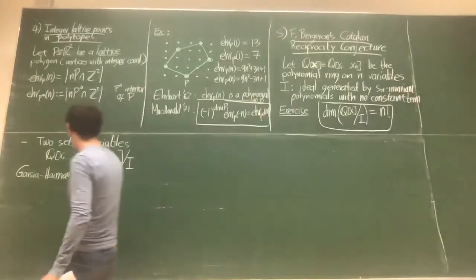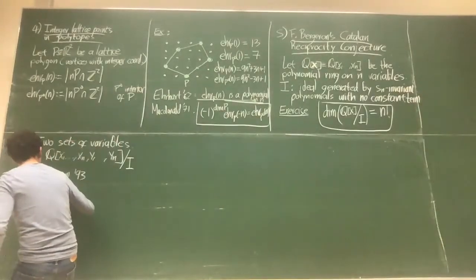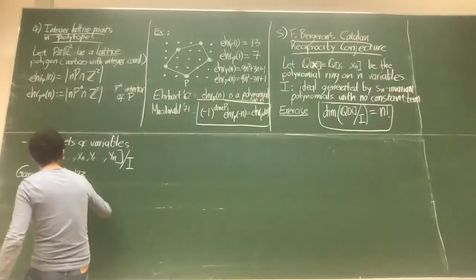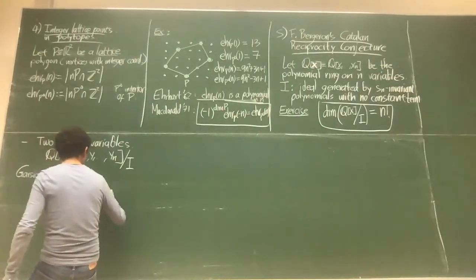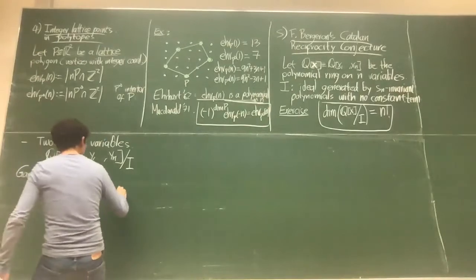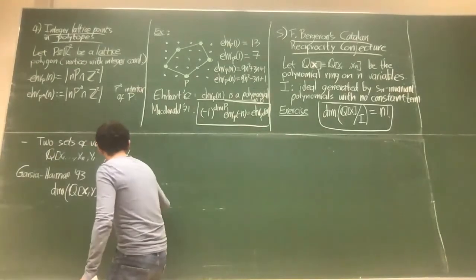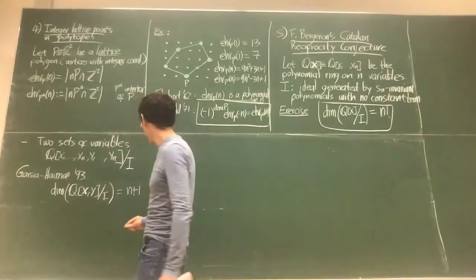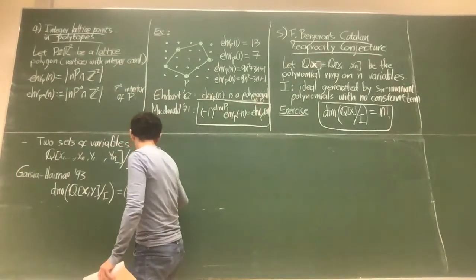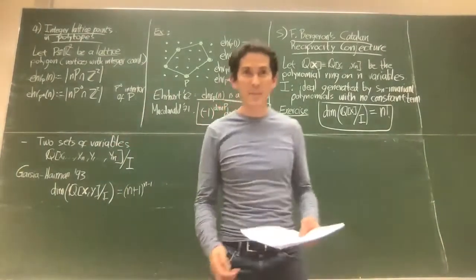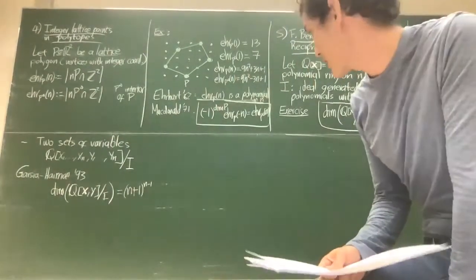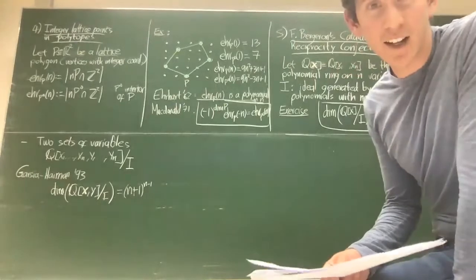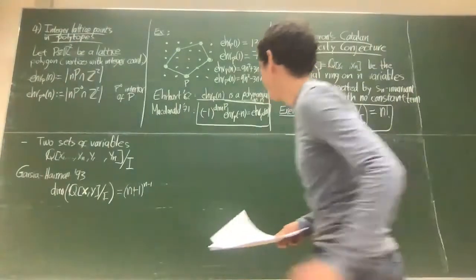So the dimension of Q, both x, both y, is equal to a really nice number in combinatorics, n plus 1 to the power n minus 1. And maybe some of you know this number. This is the number of parking functions.